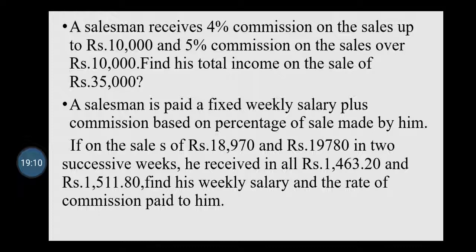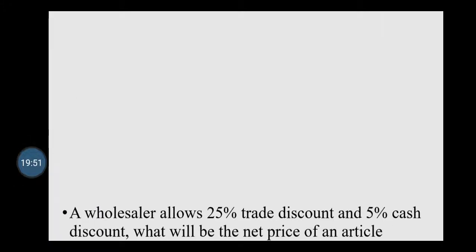Commission on which sale? 18,970. Similarly, this 1,511.80 is the sum of weekly salary plus commission on which sale? 19,780. Okay, so you should solve this by taking 2 unknown quantities. Means you should consider weekly salary as X and rate of commission as Y, and then you have to solve.